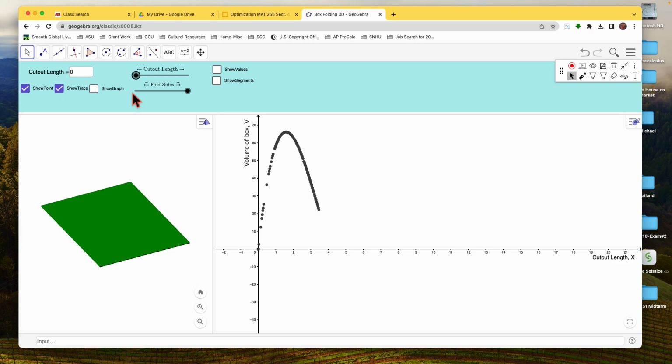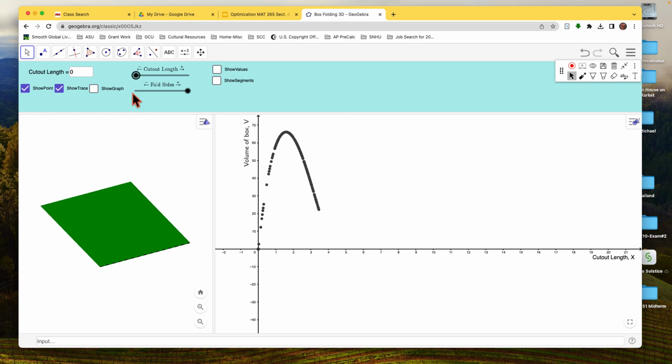But if you remember about volume, how many multiplications are involved in volume? Three. So if you see this, it's actually going to be a cubic. There'll be another solution over on the other side, which would be sort of imaginary, because you can't do a negative cut. So it's actually quadratic or cubic, but that's okay.